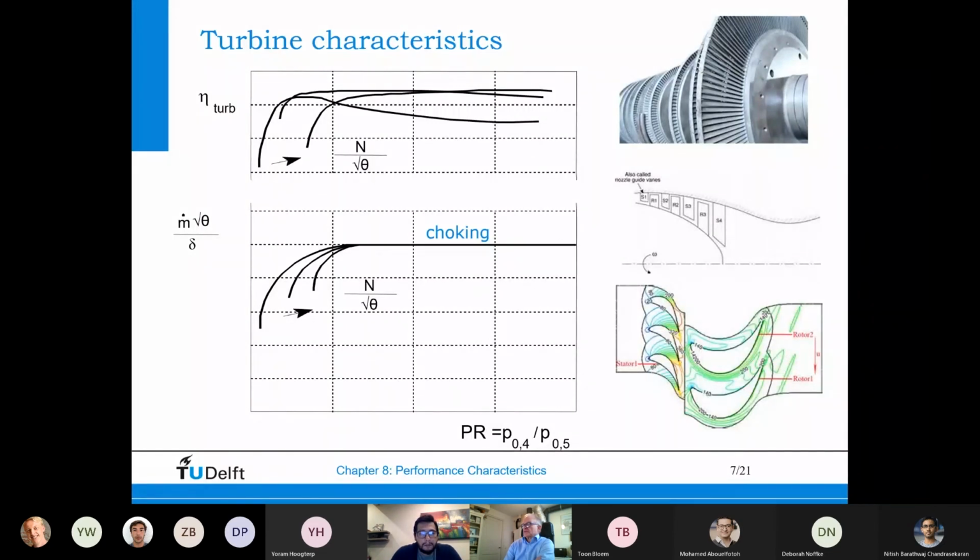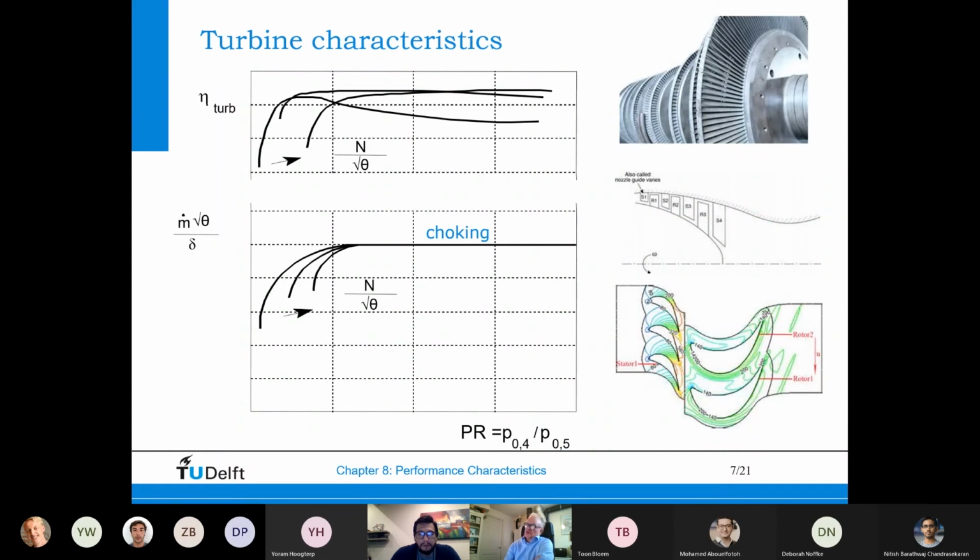Now, the efficiency of the turbine is also plotted, and there are various ways to do it. And here we plot it as a function of pressure ratio for different values of corrected rotor speed. And you see different extremes, and basically the lower rotor speed values have their maximum efficiency at low pressure ratios, and the higher ones at high pressure ratios.